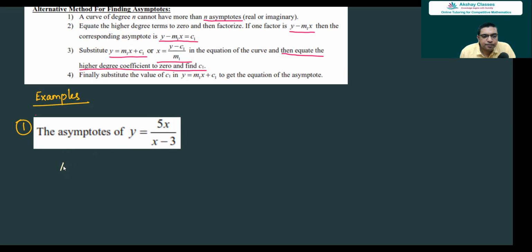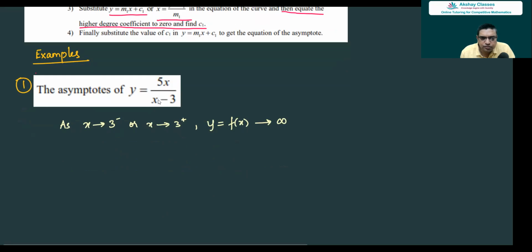So as x tends to 3 minus or x tends to 3 plus, y, which is same as f of x, is tending to infinity, either plus or minus, that we have to see.